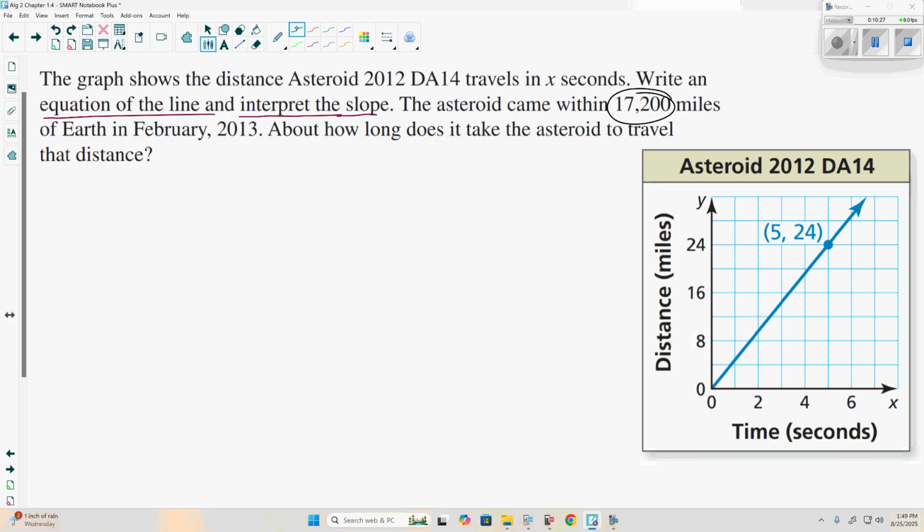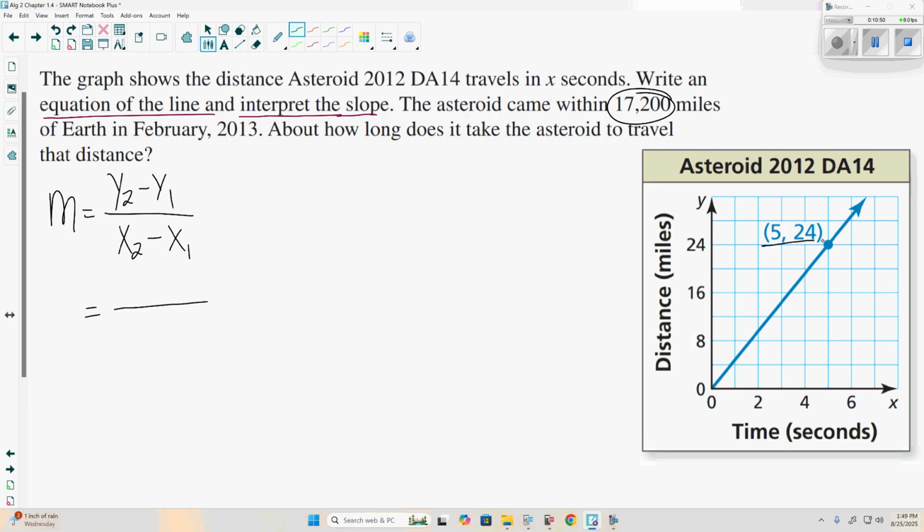Now, slope, m, is equal to y2 minus y1 over x2 minus x1. Now we do need two points to find the slope.